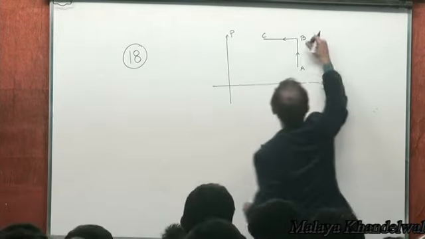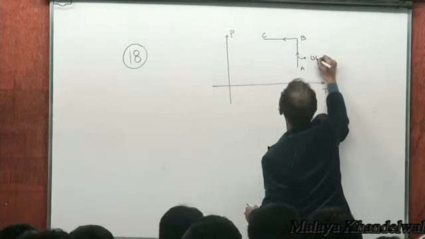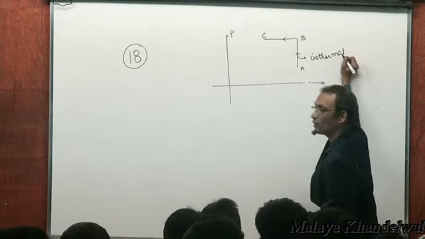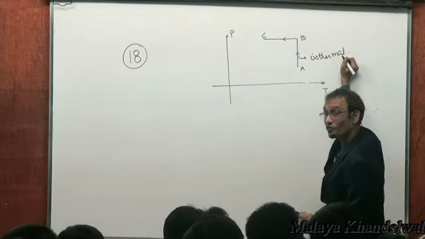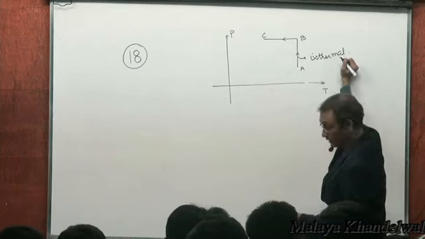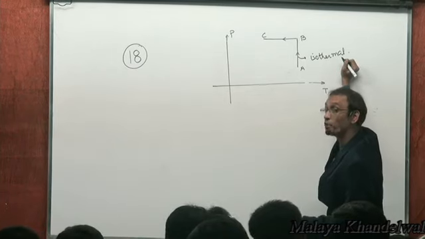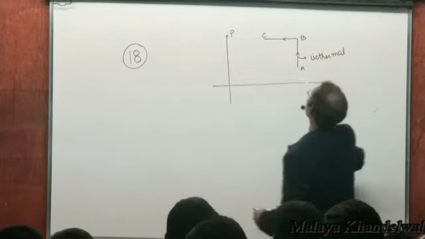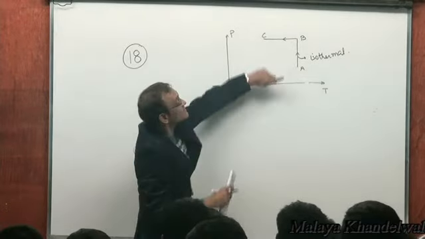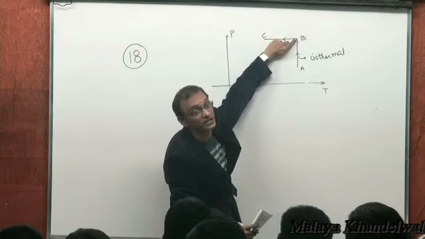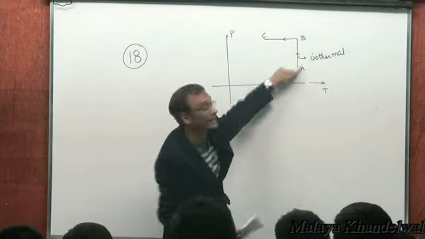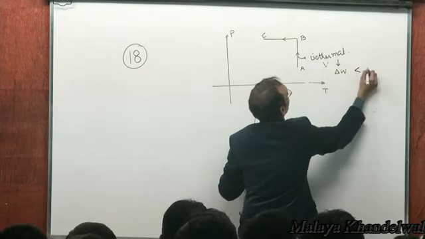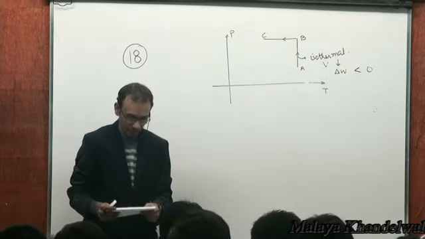Temperature is constant. Work done is not 0, right? And is it positive or negative? Negative. Why? At constant temperature, pressure is increasing, volume is decreasing. V decreases, so work done is negative from A to B.